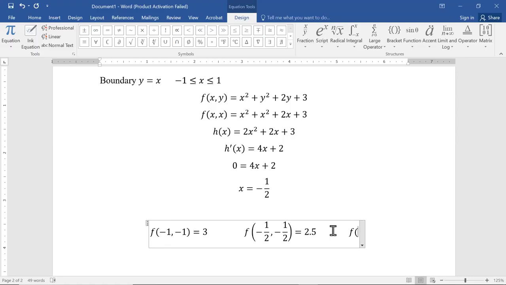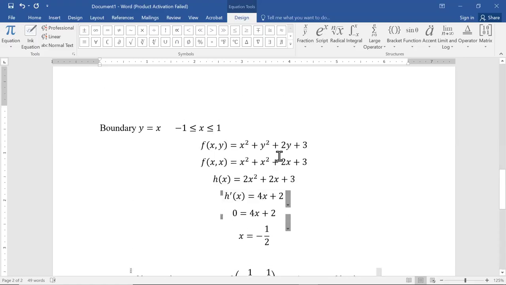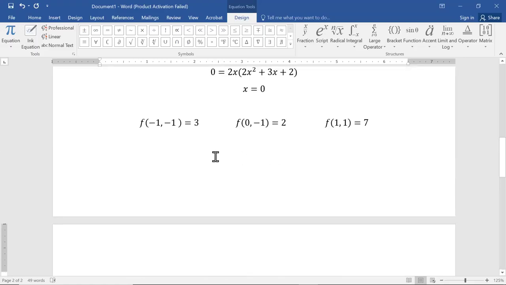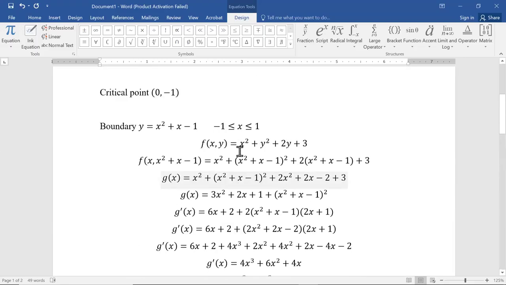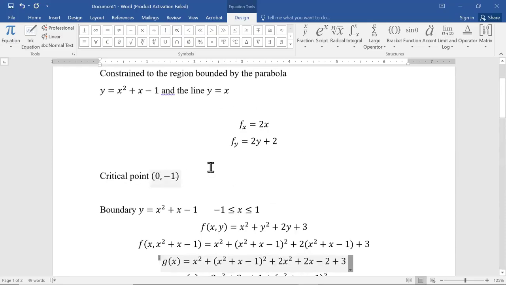And then on the other side, the boundary ends when x is 1. When x is 1, y is 1. And we've already calculated that as 7. So what we have is this critical point.